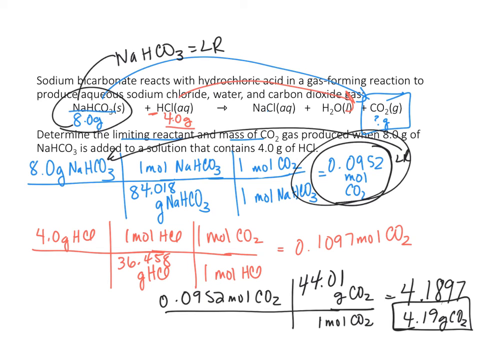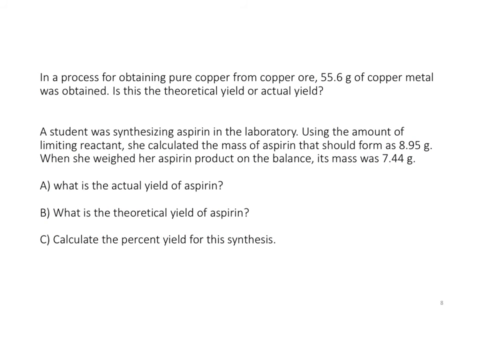So theoretical yield, well, okay, in a process for obtaining pure copper from copper ore, 55.6 grams of copper metal was obtained. Okay, so now we want to figure out a percent yield from a reaction.